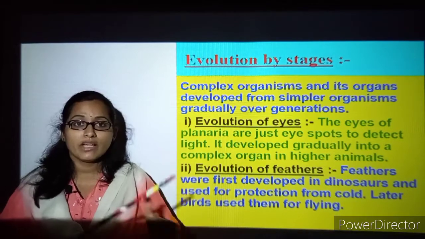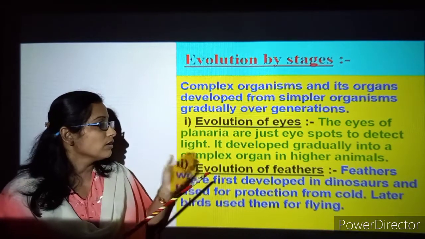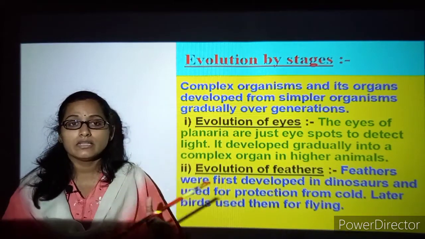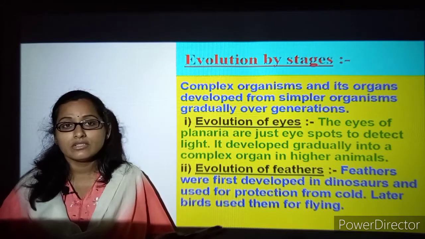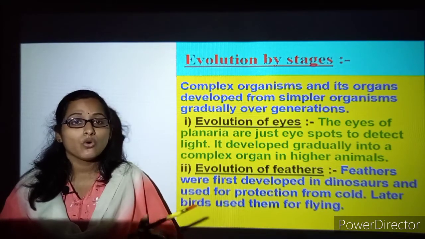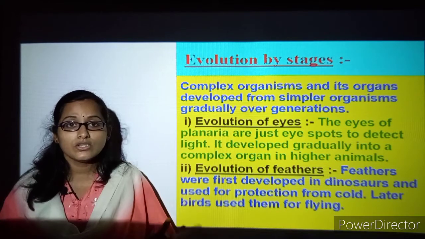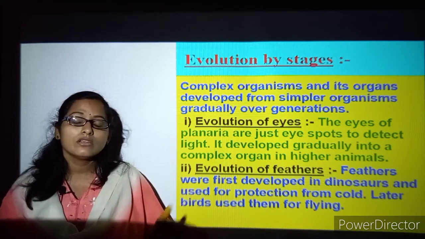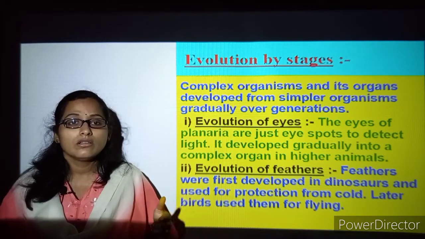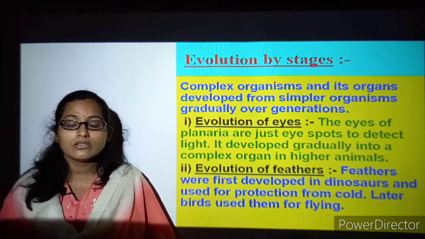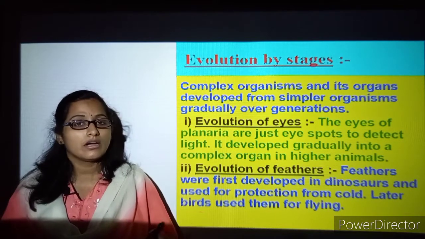So eyes for planaria were just to detect the light, and feathers for extreme cold conditions were initially found in the dinosaurs.